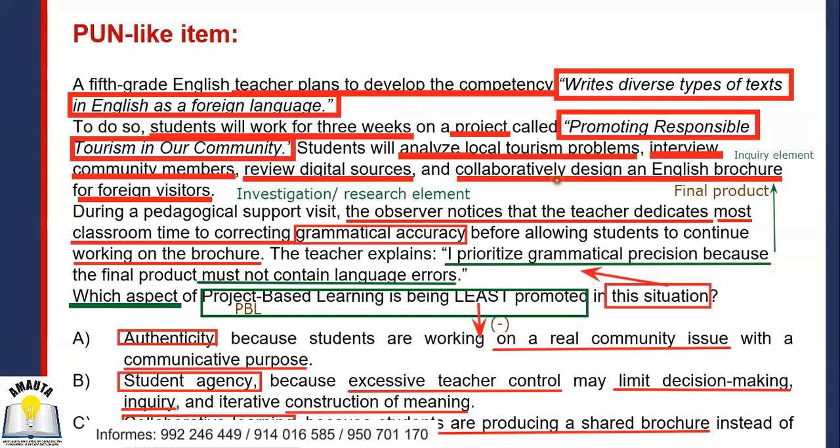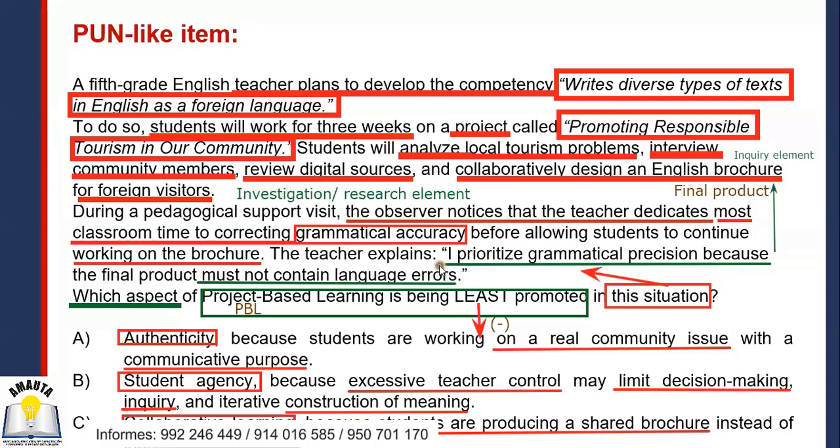They will work as a team. They will produce this brochure with all the students' ideas, with the group decision. Okay. They are not working alone, isolated, right? If they worked alone in individual assignments, this would not be related to the project-based approach, right?